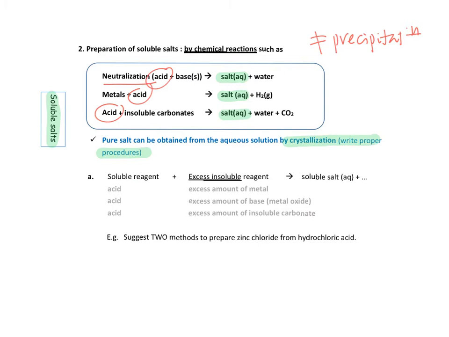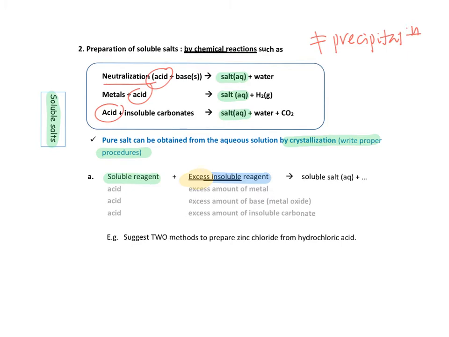Now let us look at the chemical reaction first. Because we need acid, the acid is the soluble reagent. And then the base, the metal, or the insoluble carbonate, they are the insoluble reagent, but must be in excess amount.